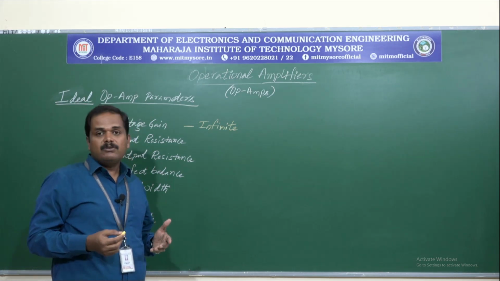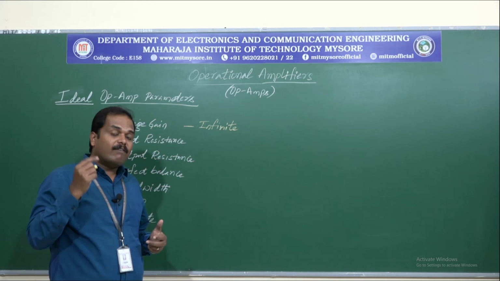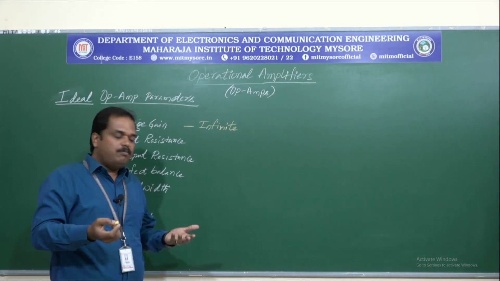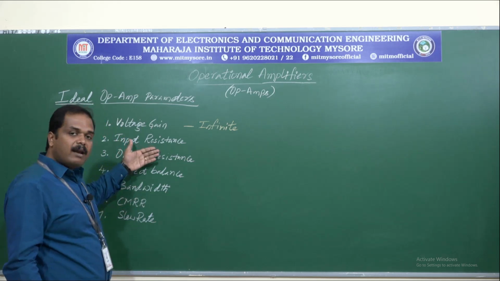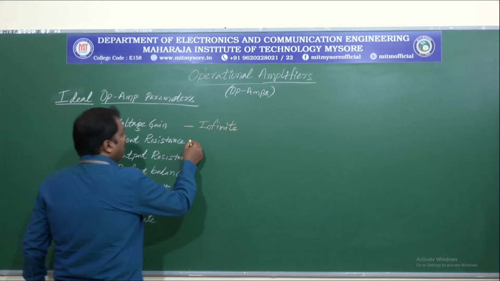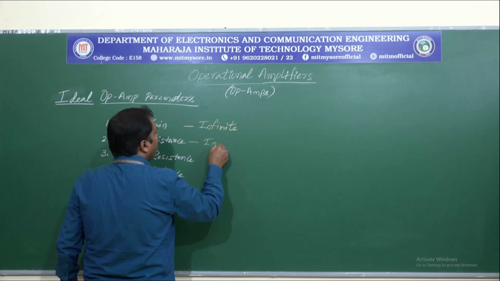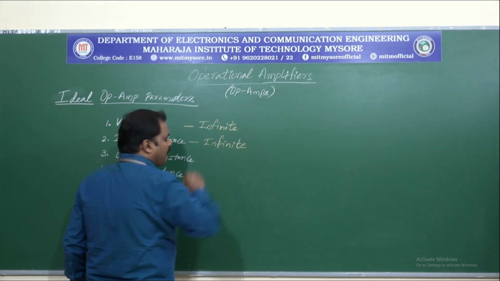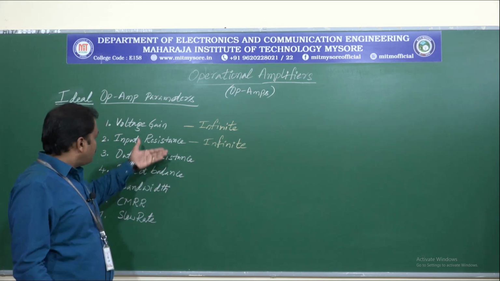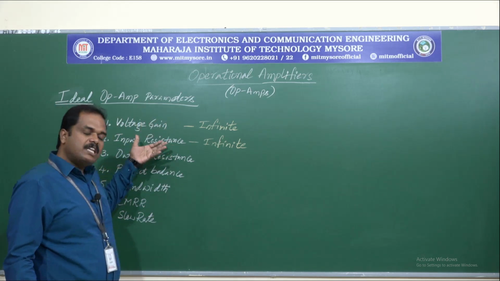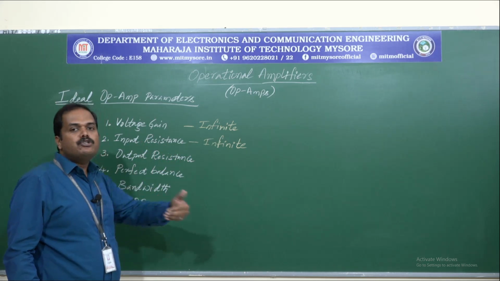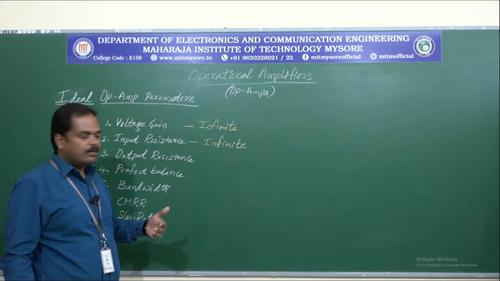So in practical use we provide feedback from the output terminal to the input terminal so that it can be controlled. Then the next parameter is the input resistance. Even this is going to be infinite for an ideal op-amp. Because the ideal op-amp offers infinite input resistance, no current can flow into the op-amp circuit.